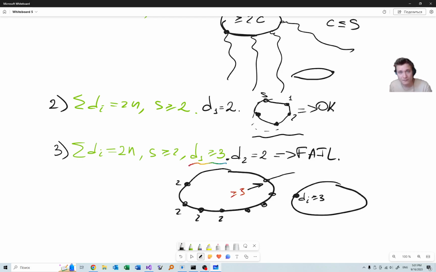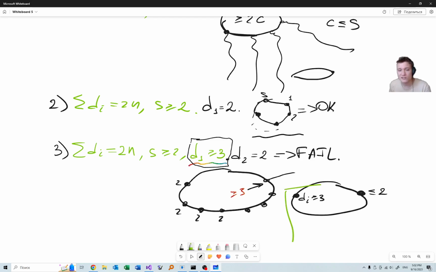The second case is there are some vertices which are of degree at least 3. But there is a problem. Since this is a cycle, it should have some other vertex, and as we know, it has degree at most 2, because there is only one vertex of degree at least 3. The second is already 2. And this means that we contradict the flower-like condition. Why?